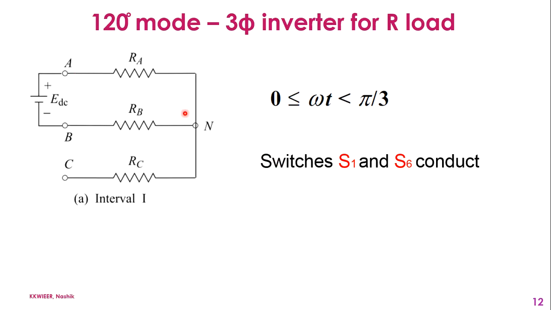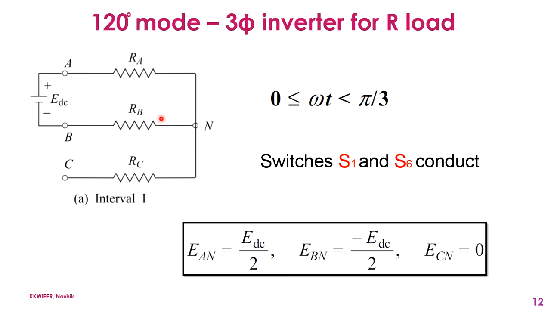The phase to neutral voltages, that is EAN and EBN, will have a certain value, whereas this is open circuit, so ECN will be 0. So EAN, as it is a positive polarity, will be EDC by 2, EBN will be minus EDC by 2, and ECN will be 0.